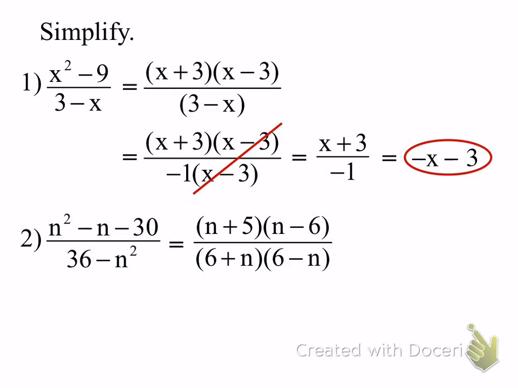Can we cross cancel anything? So, Henri, what can I do? You have to multiply the denominator. We're not multiplying, we're going to say factor. Factor a negative out of one of the binomials. Now, it doesn't have to be in the denominator. I could have done it up here.